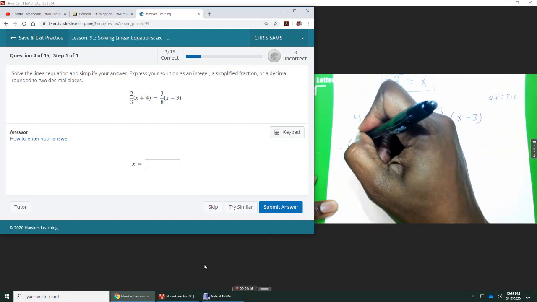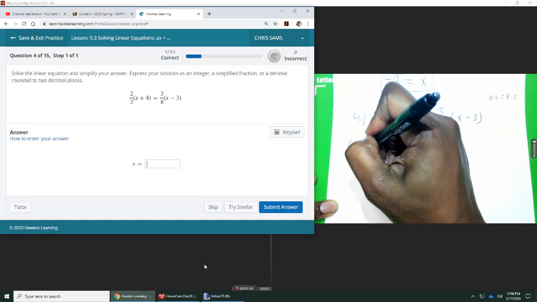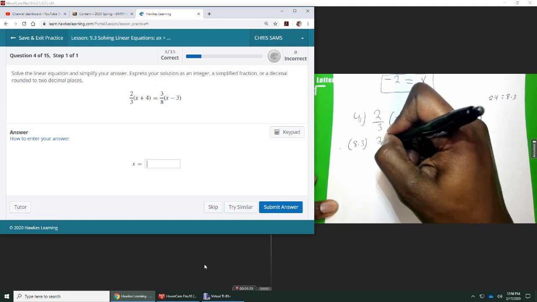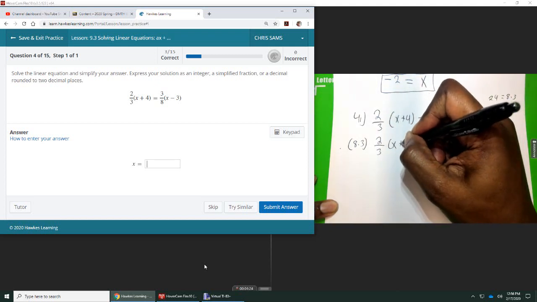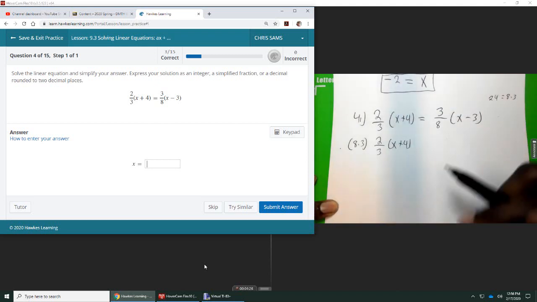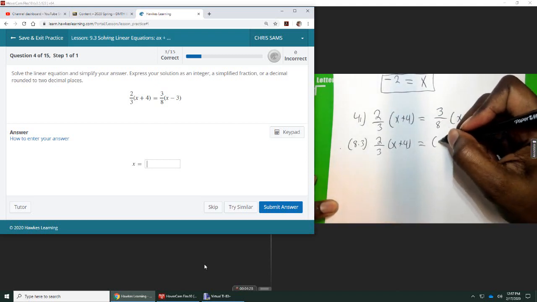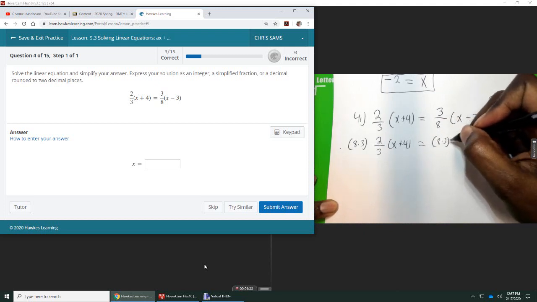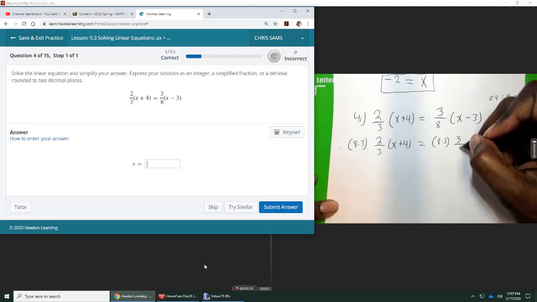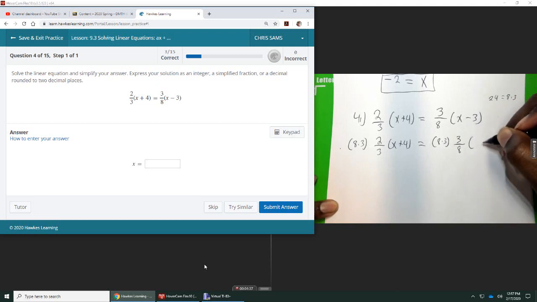I'm going to write it as 8 times 3, this is 24, times this 2/3, and then x plus 4. So multiplying by 24 on this side, and also multiplying by 24 on the other side. I'm just disguising the 24 to cut out a little bit of the work for you, but just so you can see what's going on.